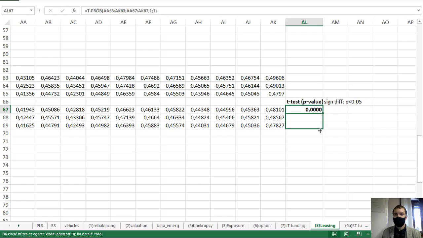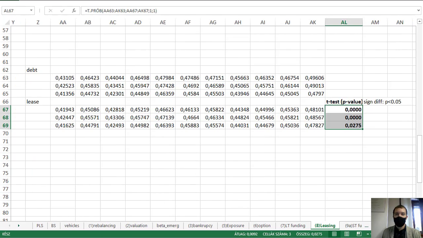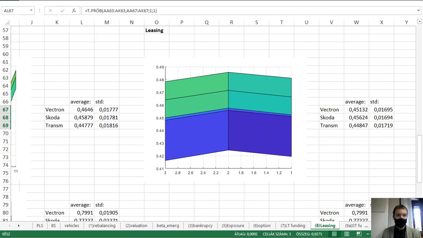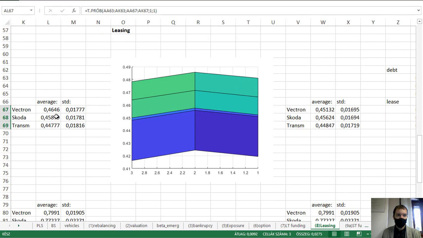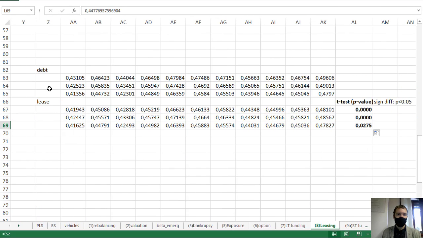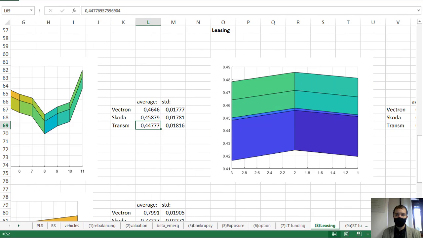And let's see. Wow, it's significantly different in all the cases. So regardless that if you are looking at the average, we can see that it's the same, if you are looking at the time span, then it's not. So it's one benefit.